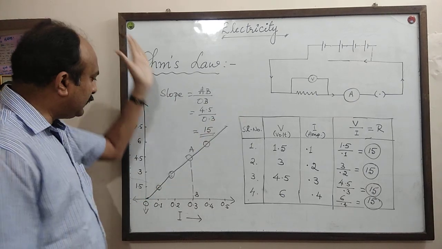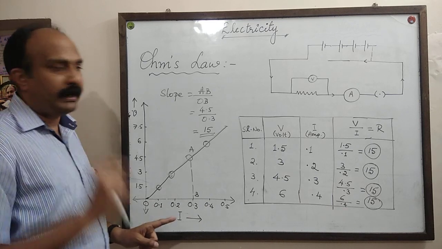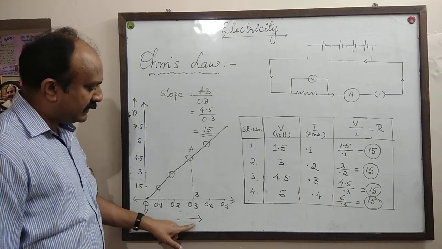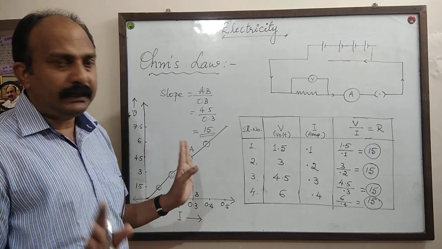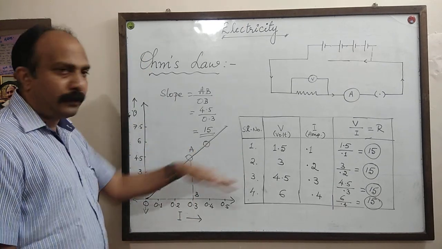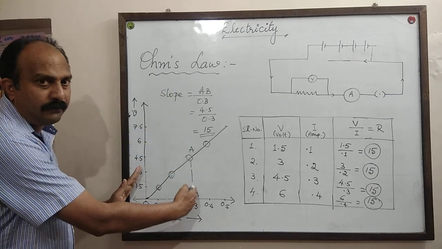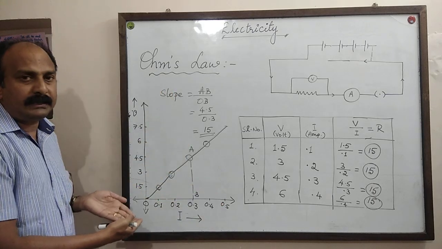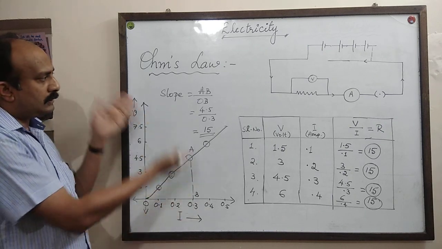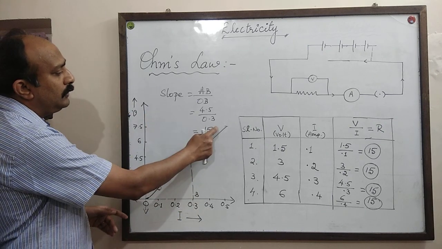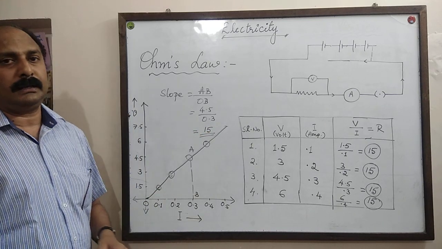Now, if you take the slope of this VI graph, provided V is on the y-axis and I is on the x-axis, then only remember the basic thing, R is equal to V upon I. Since V is taken on the y-axis and I on the x-axis, V upon I means the slope of this graph. So the slope of the VI graph will give you R, the resistance of the conductor.